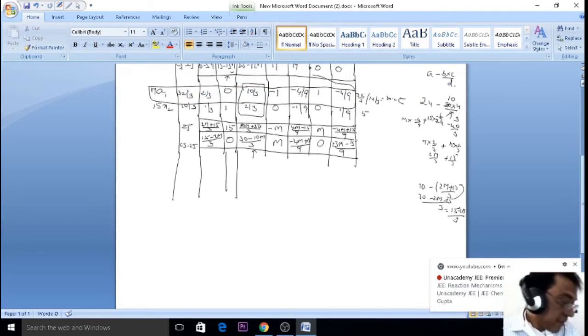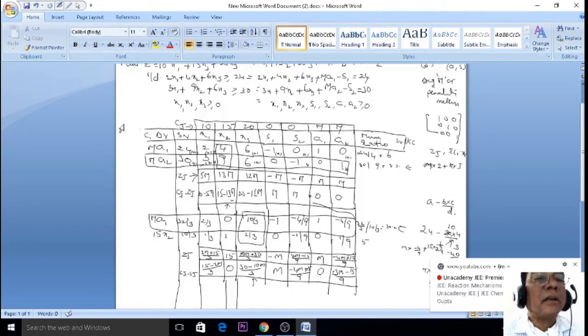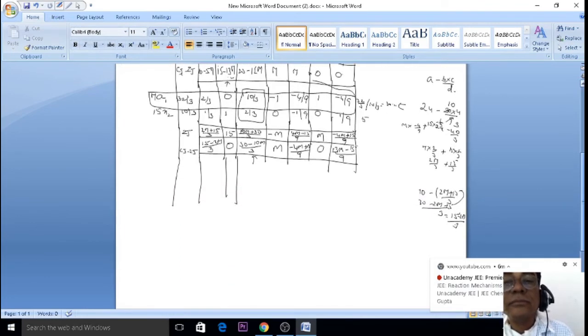Next, go to this one. Same thing, Cj minus Z. So please remove this one. This is a 20. The key row and key column are connecting here.